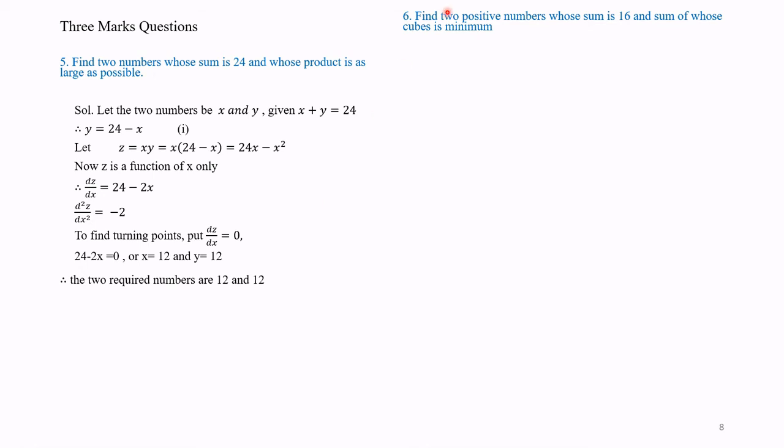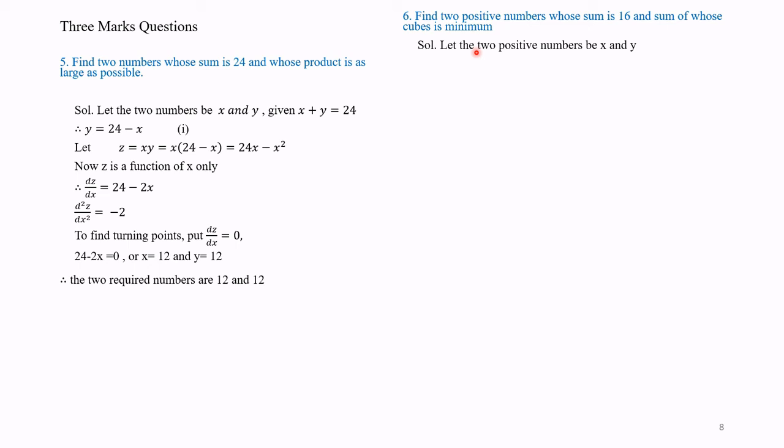Next question. Find two positive numbers whose sum is 16 and the sum of whose cubes is minimum.